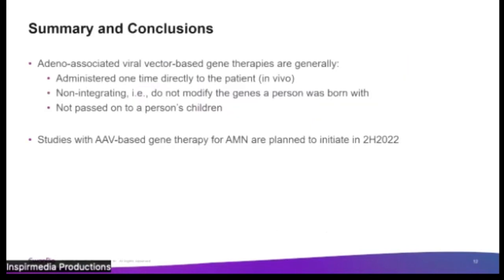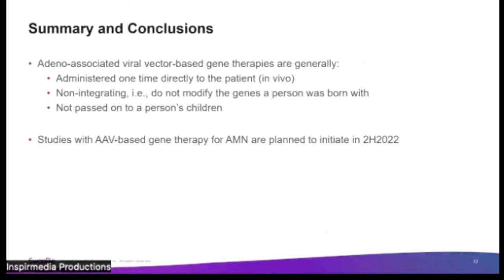So to wrap things up, a couple of key things to remember about AAV gene therapy. They are generally administered one time and deliver their gene to the cells where hopefully that will stay. And this is that in vivo gene therapy delivered directly to the patient.